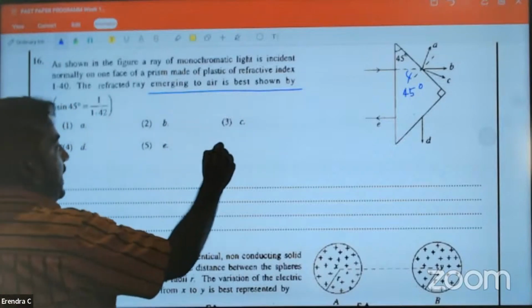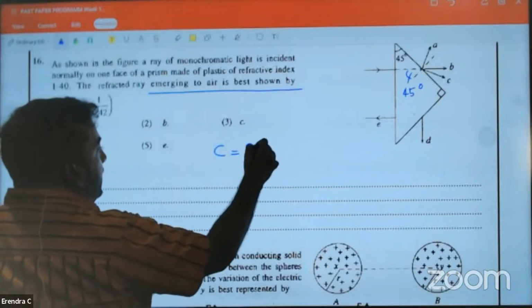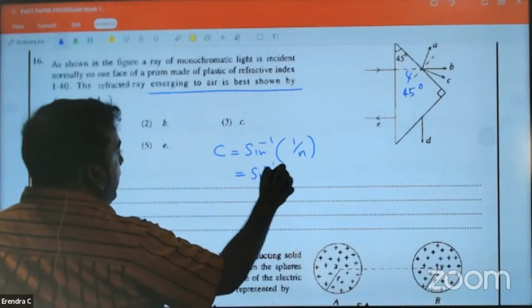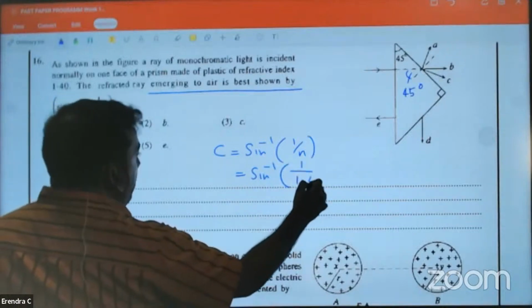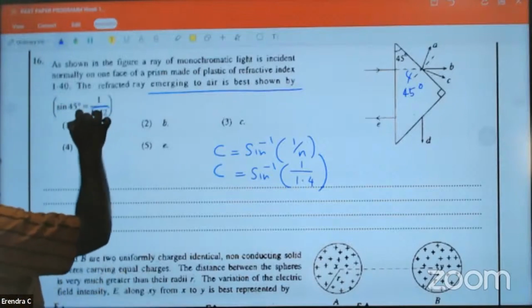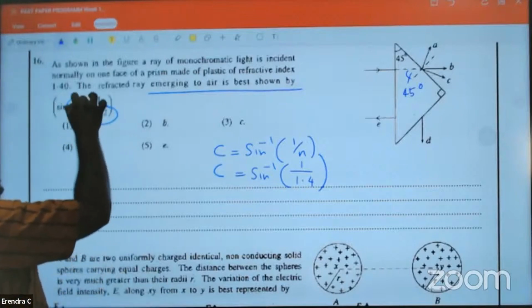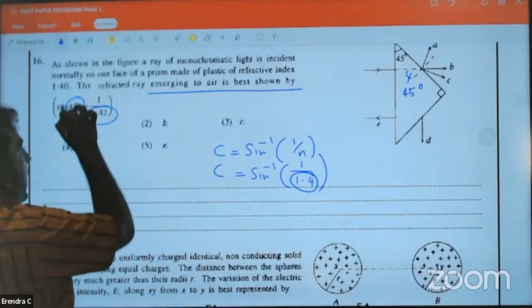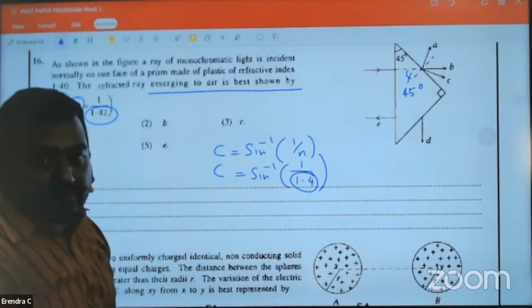So what is your critical angle? Critical angle is sine inverse 1 over n, 1 over refractive index. Look at the board and tell me. 1 over 1.4. Which angle is bigger? Is this more than 45 or less than 45?